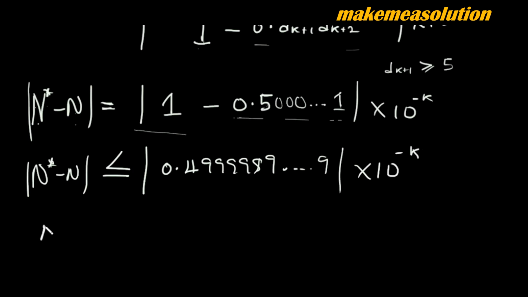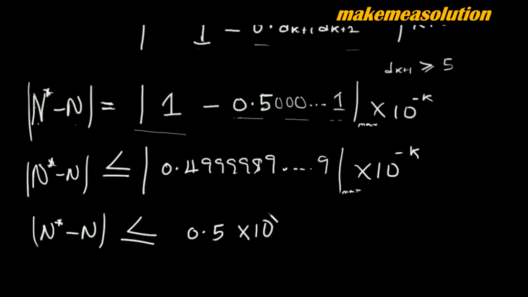So we'll now have our absolute difference being less than or equal to the maximum value. If you approximate this, you get 0.5, and since it's an absolute value sign, you can just write the 0.5 without any signs, then times 10 to the power of minus k.